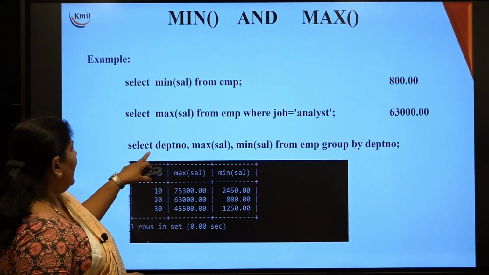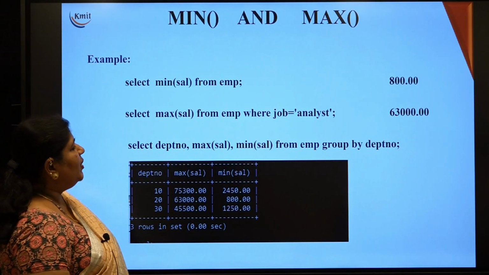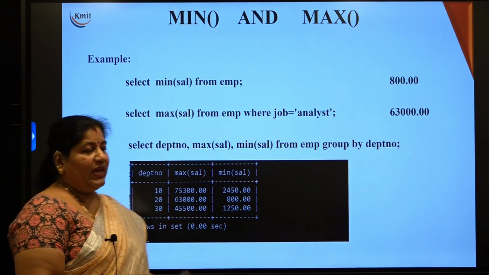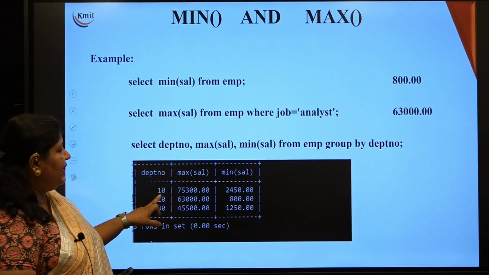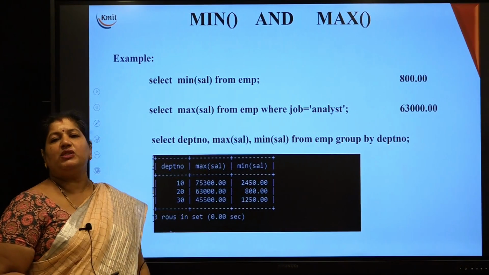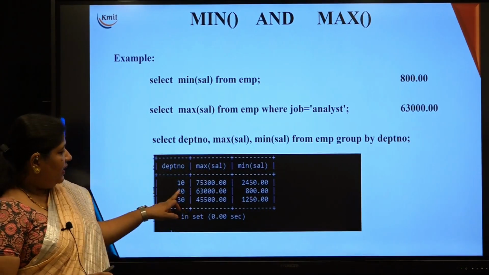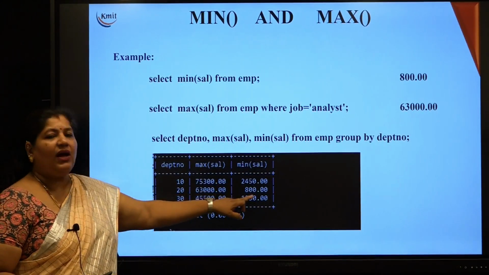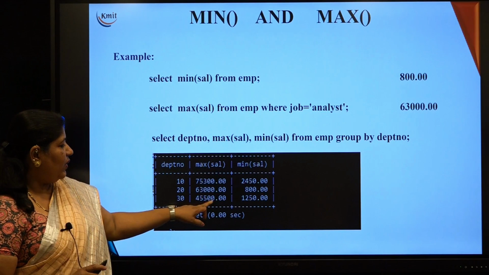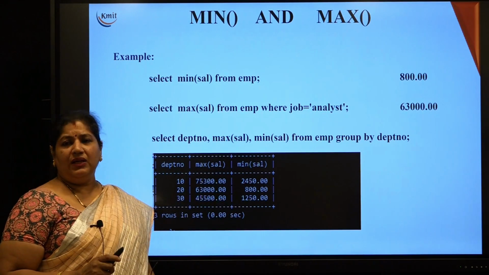Okay, and department number and maximum salary and minimum salary grouped by departments. So in department 10, the maximum salary is 75,000 and the minimum is 2,450. In department 20, it is 63,000 and the minimum is 800, and in department number 30, it is 45,500 and 1,250.